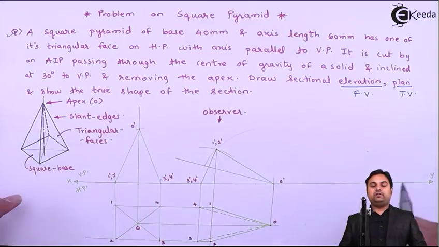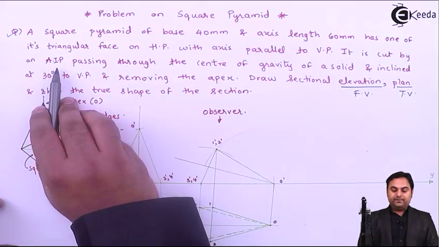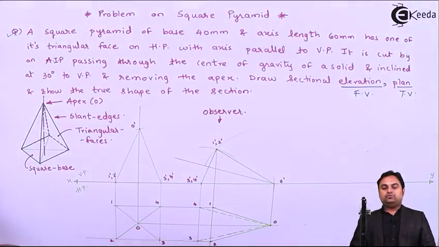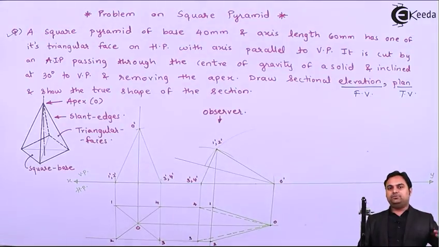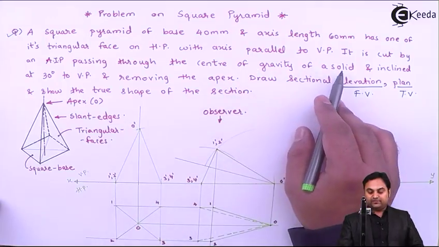Next, now I'll read the condition for the cutting plane. It is cut by an AIP, that is an auxiliary inclined plane. That plane is inclined to one of the planes and parallel to the other plane. Like here it is passing through the CG, center of gravity of a solid.